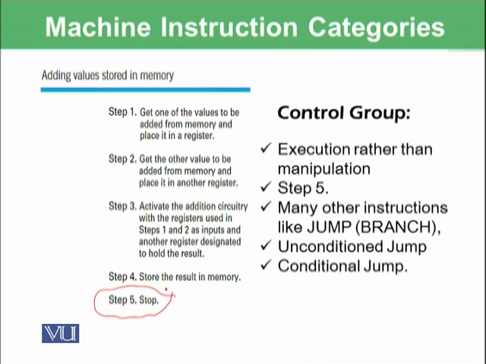It tells the CPU that it needs to stop, and sometimes it tells some other program to start. Such instructions are covered under the control group. Then there are other instructions like jump or branch, unconditional jump and conditional jump. Such instructions are known as control instructions. We will see an example of jump in the next slide.